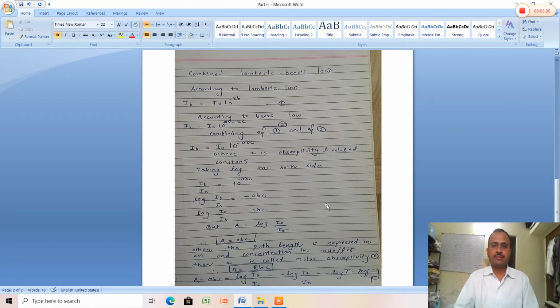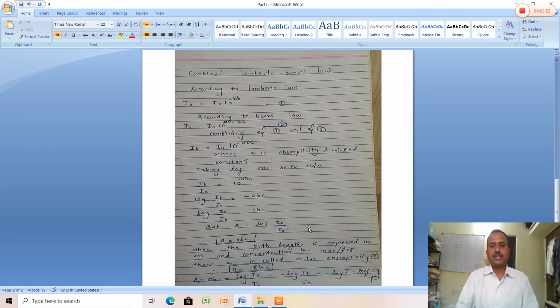Now absorbance is defined as log to the base 10 of intensity of incident light to intensity of transmitted light. So it is the ratio. Therefore, this equation becomes log of I0 upon It replaced by capital A. Capital A is equal to small a into b into c. When the path length is expressed in centimeter, this is the most important significance.